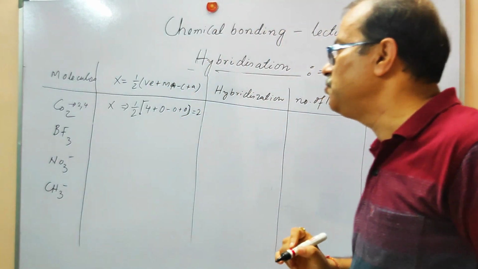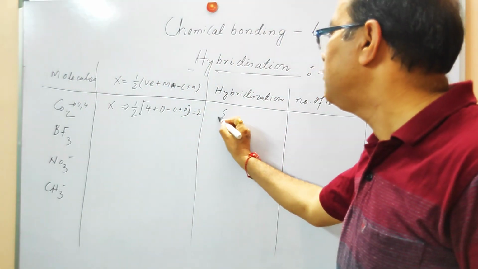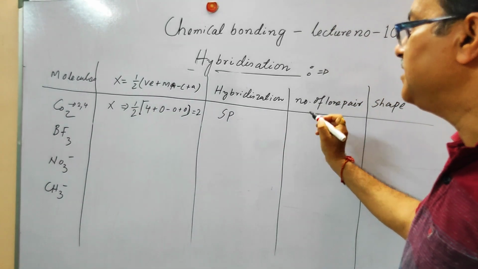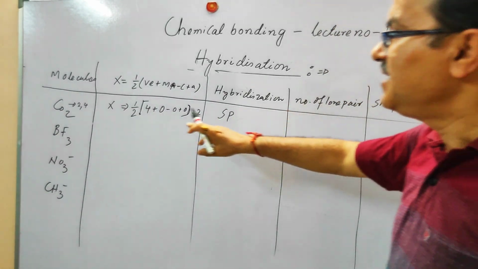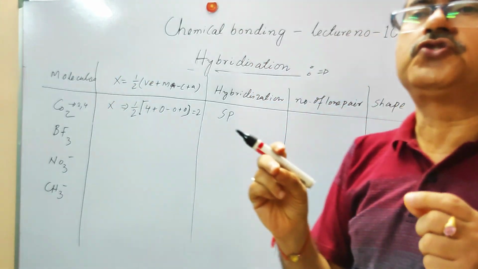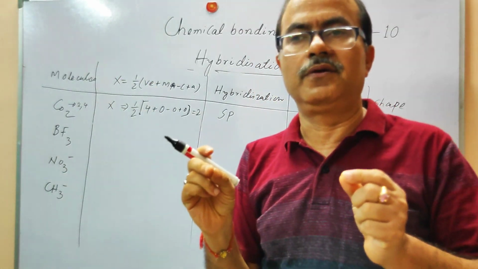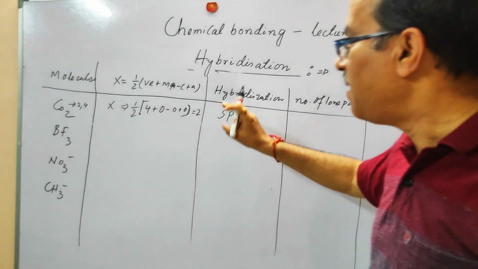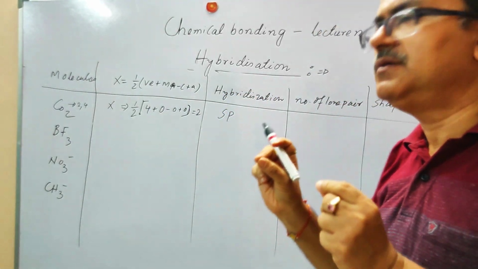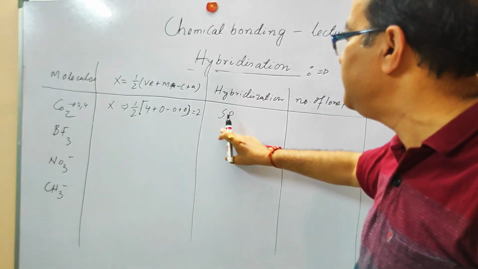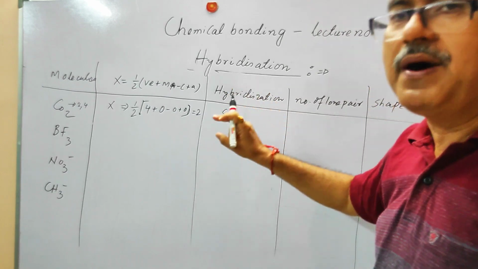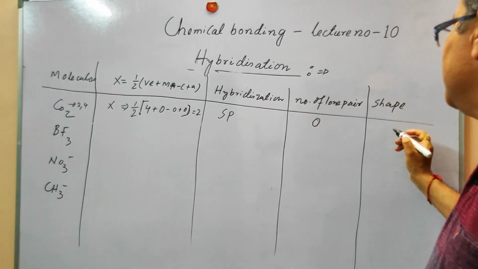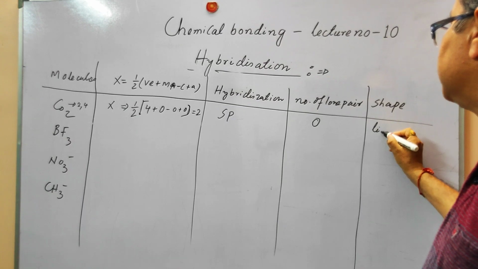When X equals 2, the hybridization will be sp, and as there are 2 oxygen atoms joined to the carbon atom, the number of atoms equals the number of hybrid orbitals, 2, so there will be no lone pair, 0. So the shape will be linear.